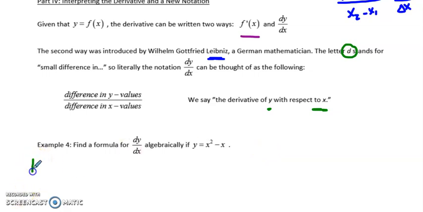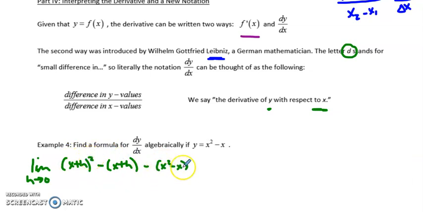So we're going to use the definition of the derivative, the limit as h goes to 0 of f of x plus h minus f of x, all over h. Everywhere we had an x, we'll plug in x plus h. So that's just your standard function that you started with, subtracting, all over h.